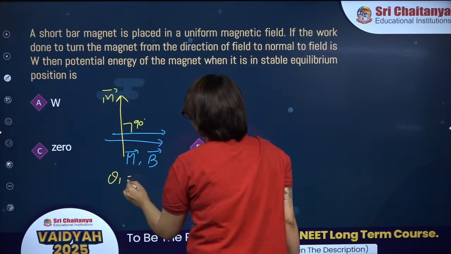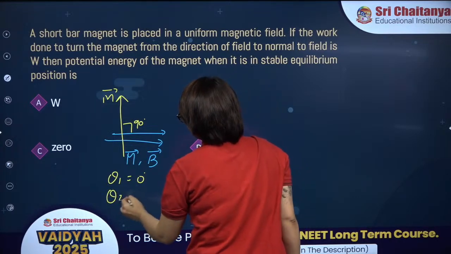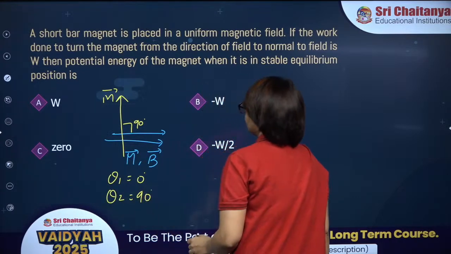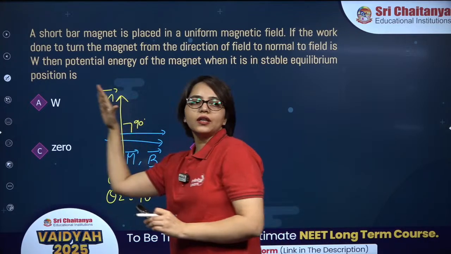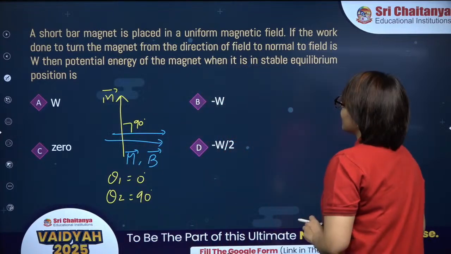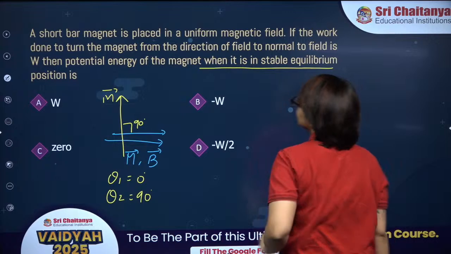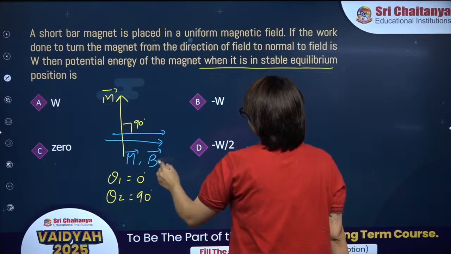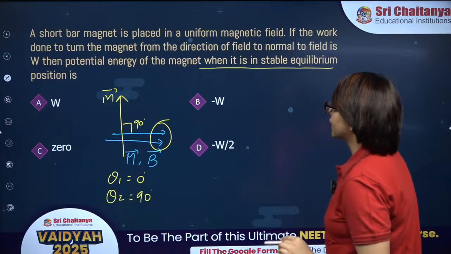So theta 1 is 0 degree, the angle between M vector and B vector, and theta 2 is 90 degree. So in order to rotate this bar magnet from this orientation to this orientation, work done is W. Then what they are asking is, what is the potential energy of the magnet when it is in stable equilibrium position?